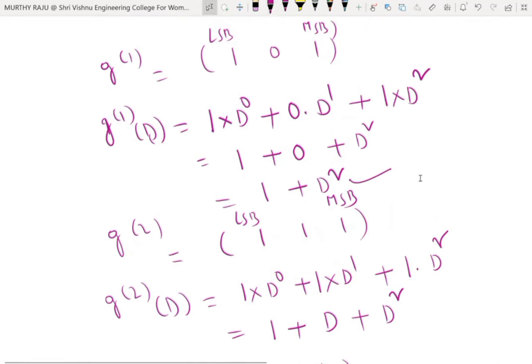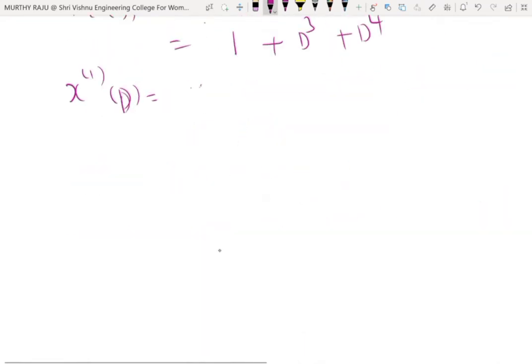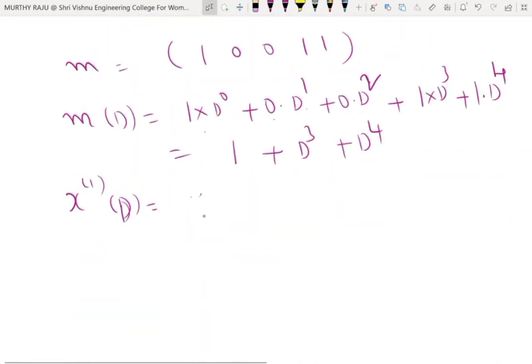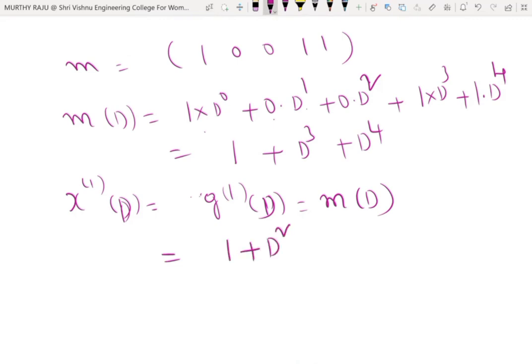This is 1 plus d square. g1 of d into m of d. g1 of d is 1 plus d square, and m of d is 1 plus d cube plus d power 4.